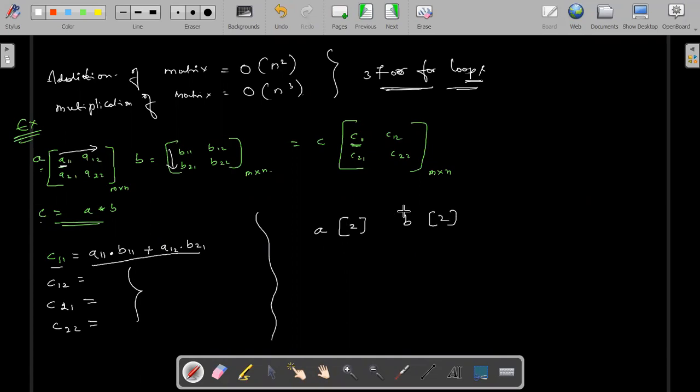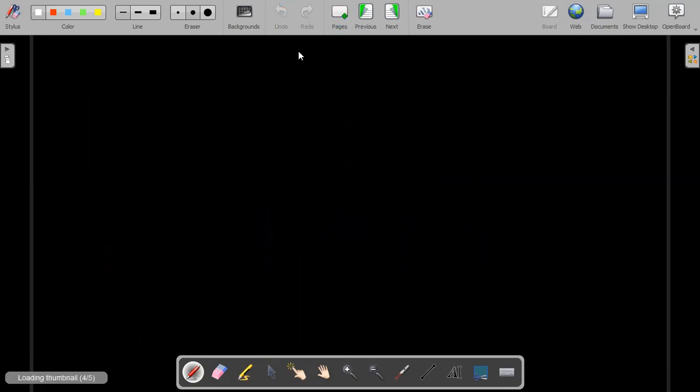If it is 2 cross 2, this is the formula to solve the 2 cross 2. So for 1 cross 1 there is one method, and you already know it using mathematics. For 2 cross 2, you can follow this way. Yes or not?